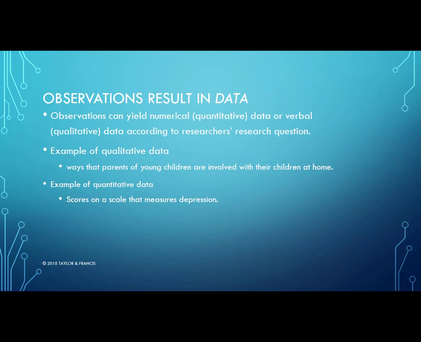Observations can yield numerical, which again is quantitative data, or verbal, qualitative data, according to the researcher's question. So your question decides and drives if it's quantitative or qualitative. So an example of qualitative data, ways that parents of young children are involved with their kids at home. Quantitative, scores on a scale that measure depression.